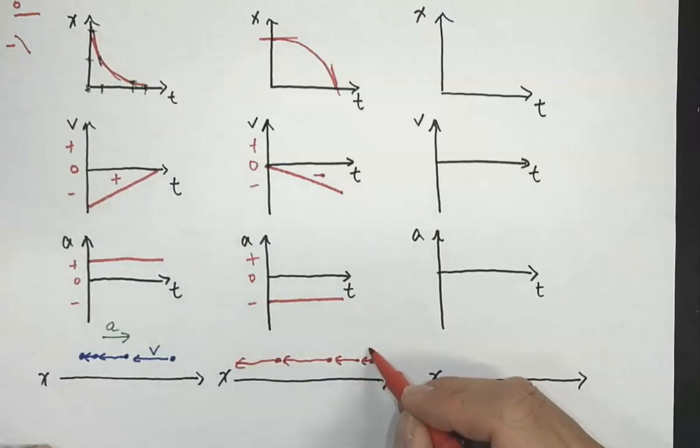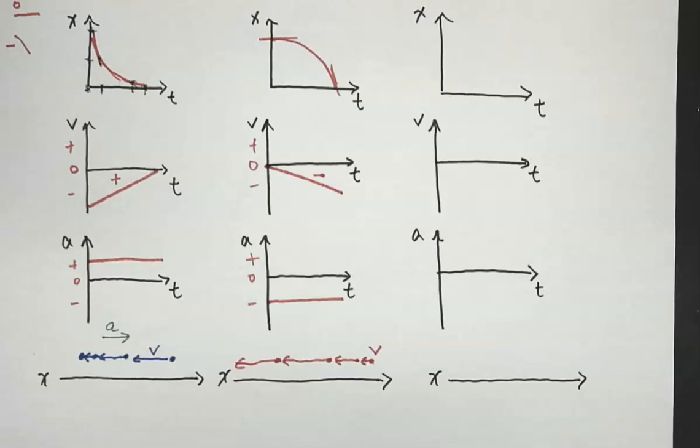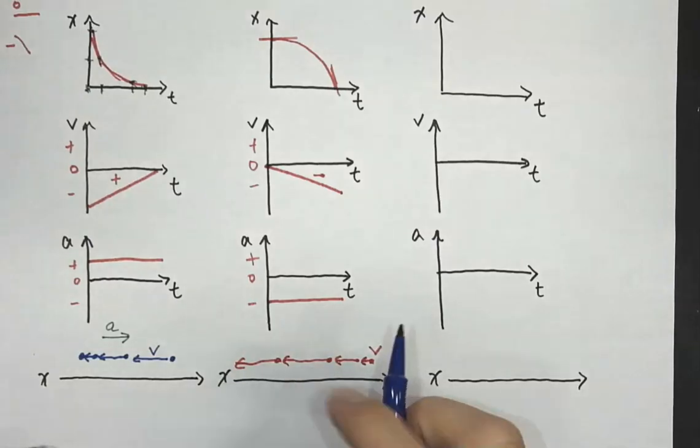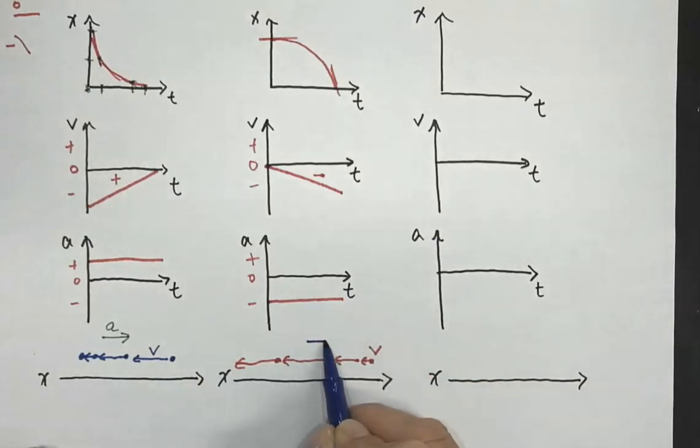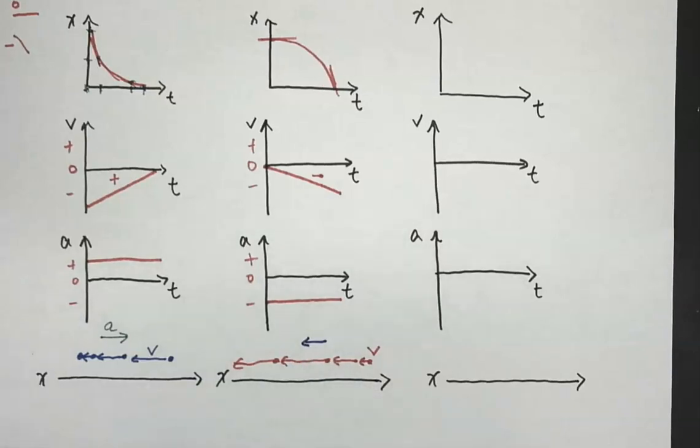These are the velocity arrows, and you'll notice the acceleration is negative. That means it's going to be in the negative direction. The acceleration is in the negative direction. And that makes sense because if the acceleration and the velocity are in the same direction, then the object will be speeding up. And that's consistent.